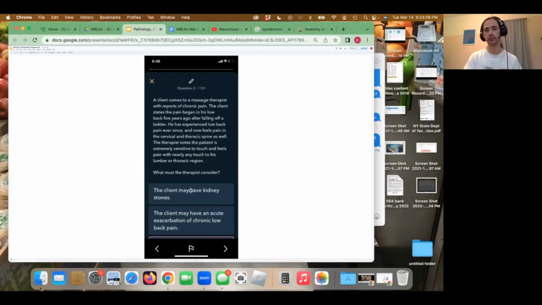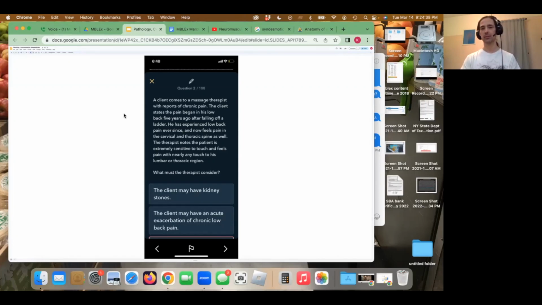Okay, there's 4 choices here. I only have 2 listed and then the answer. A client comes to a massage therapist with reports of chronic pain. The client states the pain began in his low back 5 years ago after falling off a ladder. He has experienced low back pain ever since and now feels pain in the cervical and thoracic spine as well. The therapist notes the patient is extremely sensitive to touch and feels pain with nearly any touch to the lumbar or thoracic region.